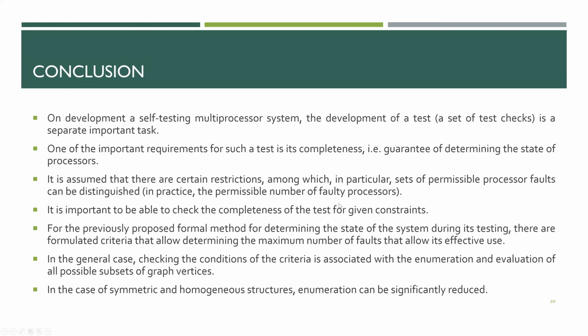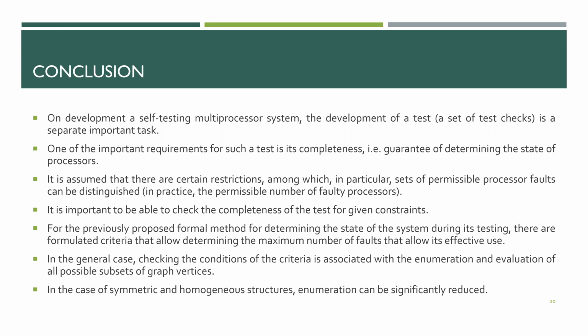Now let's move to the conclusion. On development of a self-testing multiprocessor system, the development of a test, a set of test checks, is a separate important task. One of the important requirements for such a test is its completeness, a guarantee of determining the state of processors.